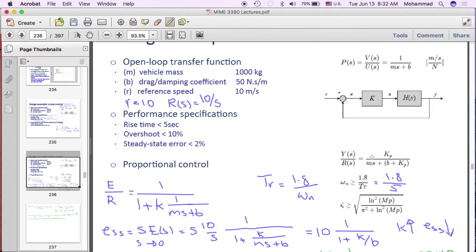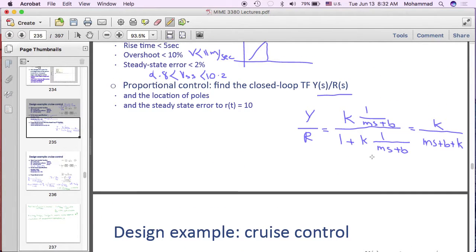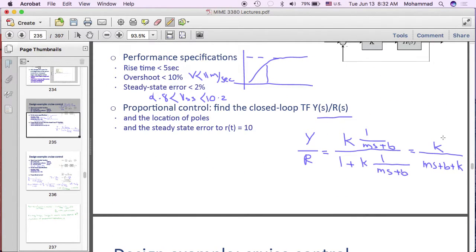The closed loop transfer function that we calculated is K over m times s plus b plus K. So if K is 100, y over r would be 100 over 1,000, which is m times s, plus b, which is 50, plus K, which is 100.